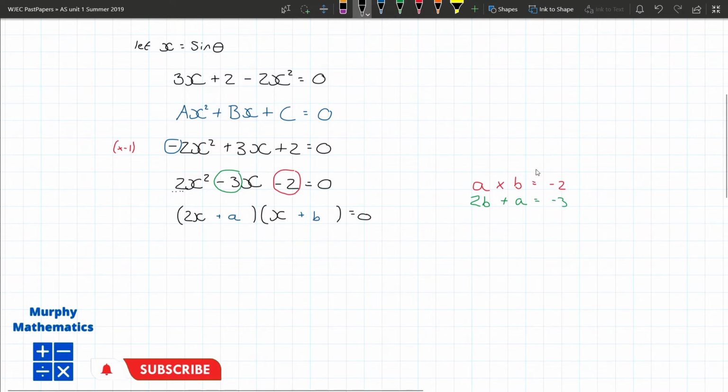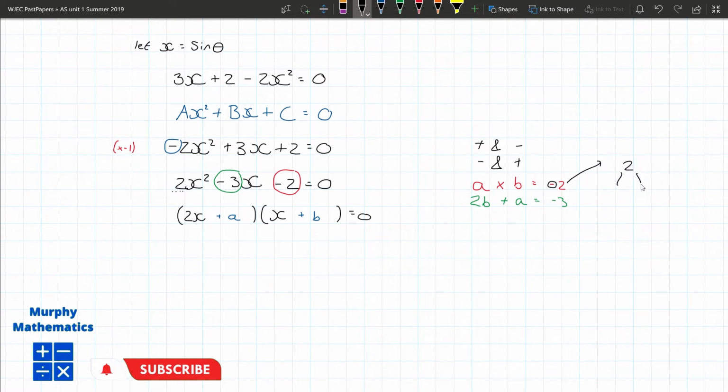Okay, so now I can try and solve these two equations. I know that because I have a minus in my first equation, I'm going to have a minus and a positive number, or positive and minus. That will give us a minus answer when we times them. So I need to find the factors of 2 now.